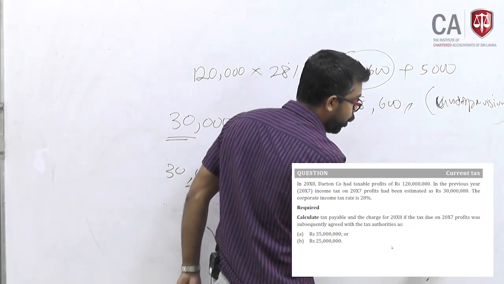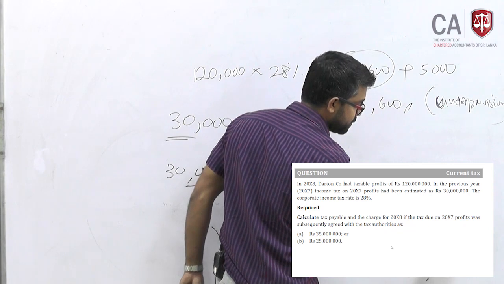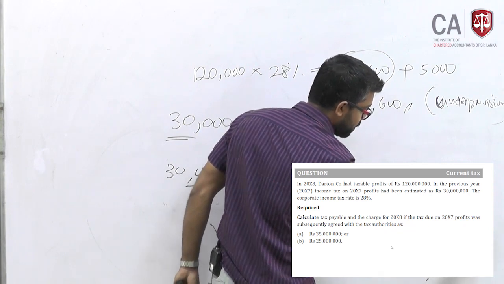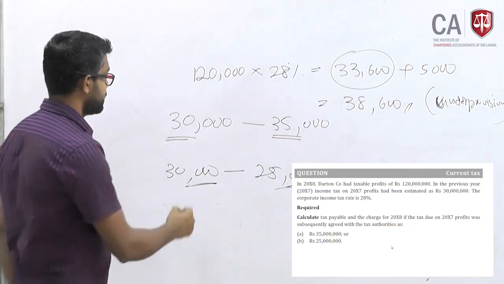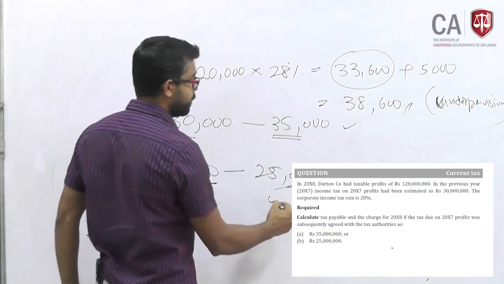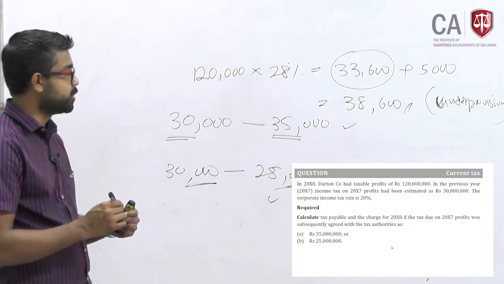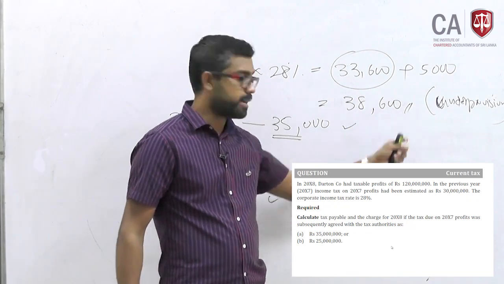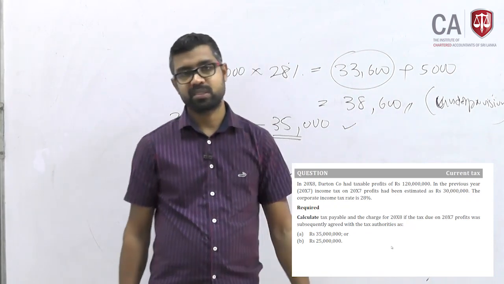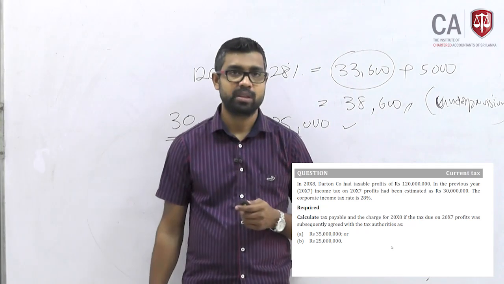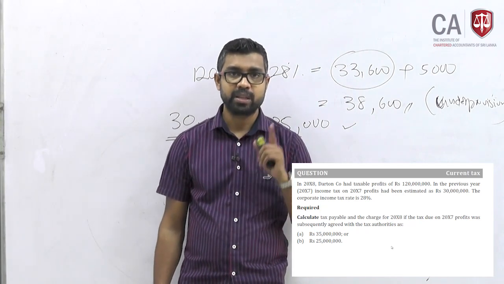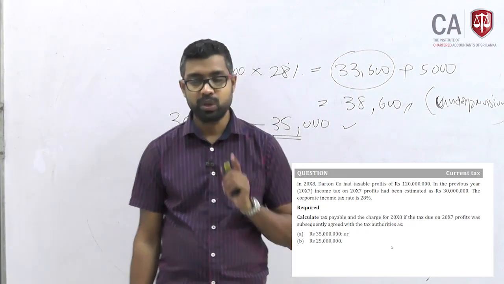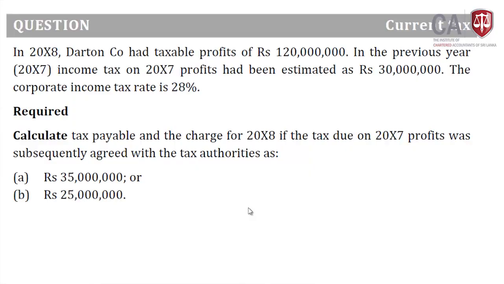Here you have over provision. This is under provision. This is over provision. So in both cases you charge 38,600 and 28,600. Very simple questions. So when it comes to income tax, under and over provision adjustment is also important to understand.